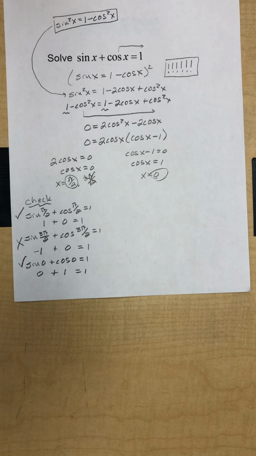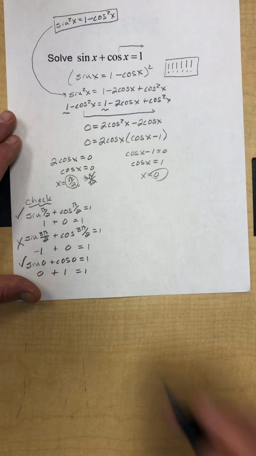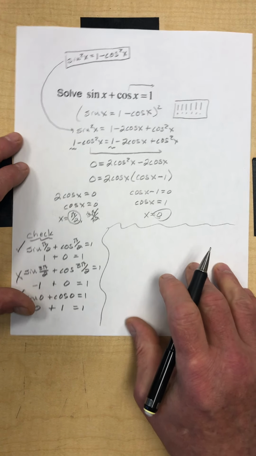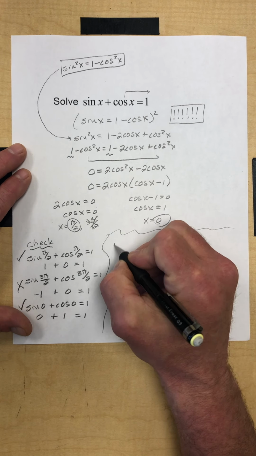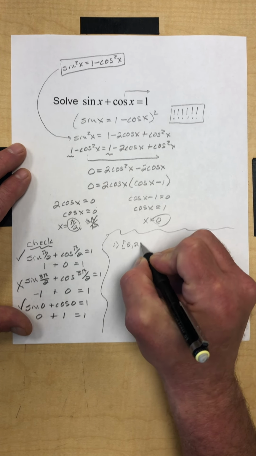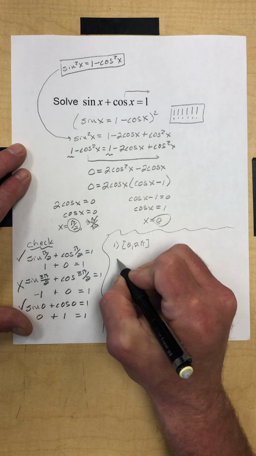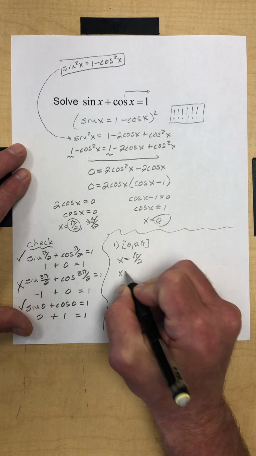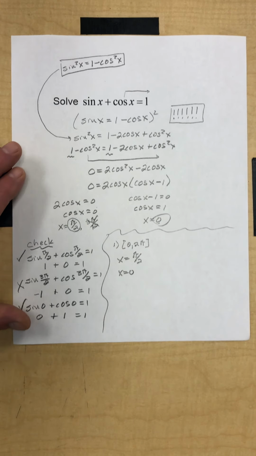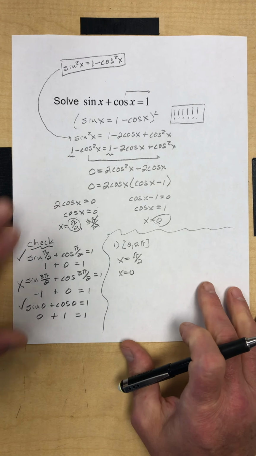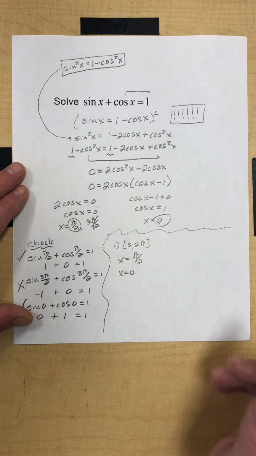So notice we get the same 2 solutions here as the last one, even though the equations are slightly different. So on 0 to 2 pi, we get x equals pi over 2 and x equals 0. We got that last time, didn't we? Oh no, we got pi over 2 and pi. Not pi over 2 and 0.